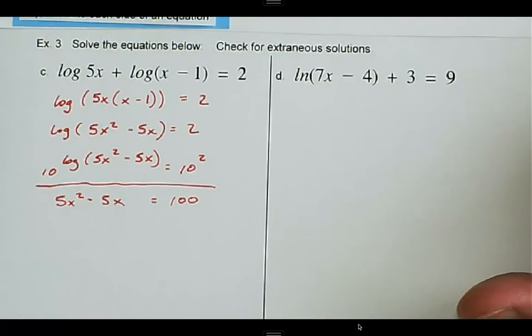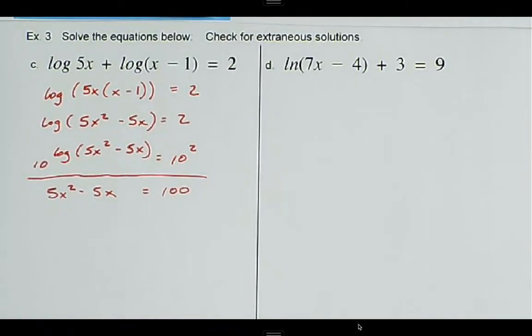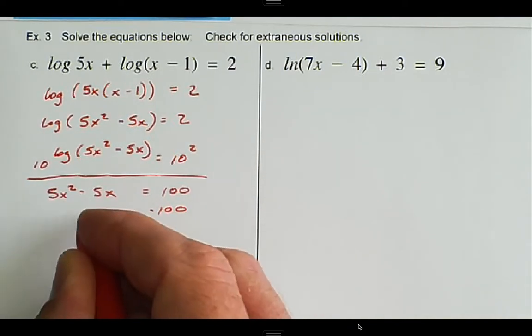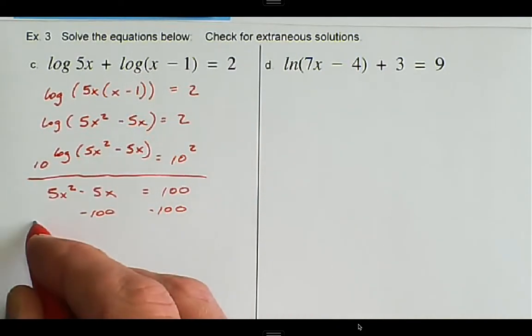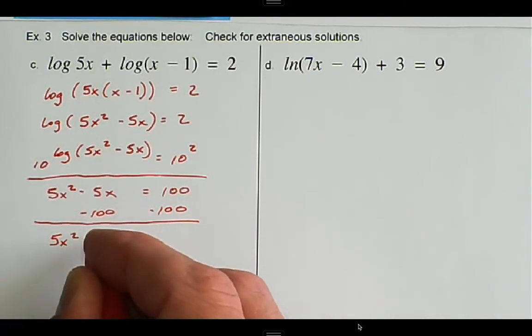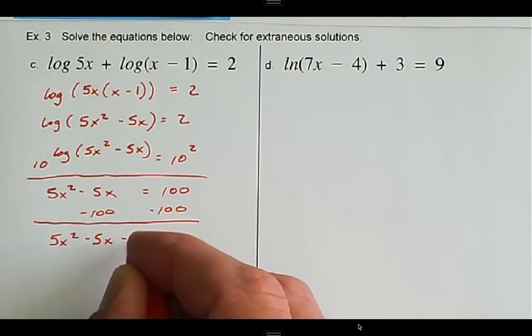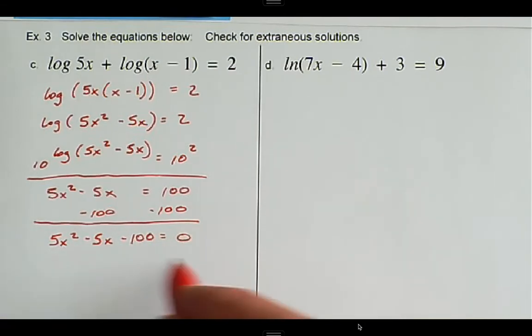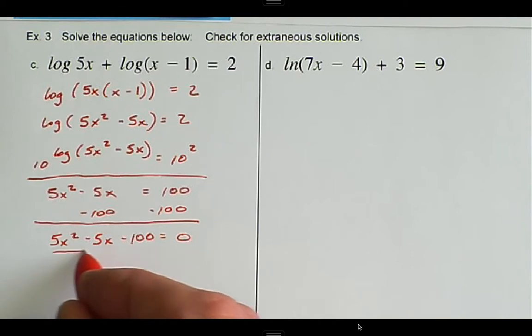In order to factor this, we need to have one side of the equation equal to 0. So we can subtract 100 from both sides, and we get 5x squared minus 5x minus 100 is equal to 0. We notice that all of these are divisible by 5, so we can take a 5 out.